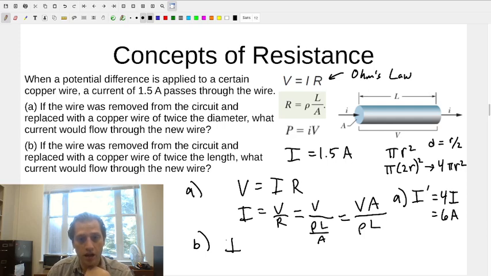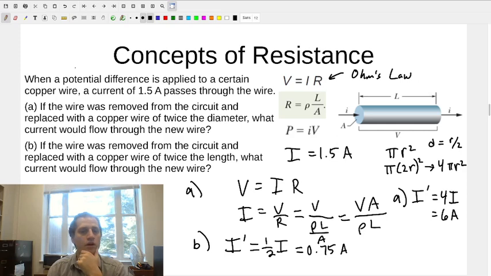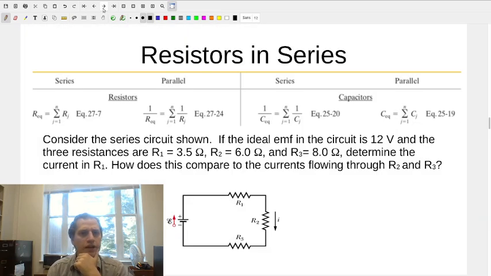So this changed current would be 1/2 of your I, or 0.75 amps. Okay, so that's fair game.